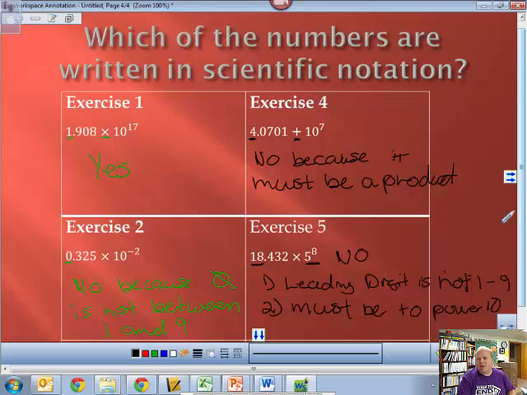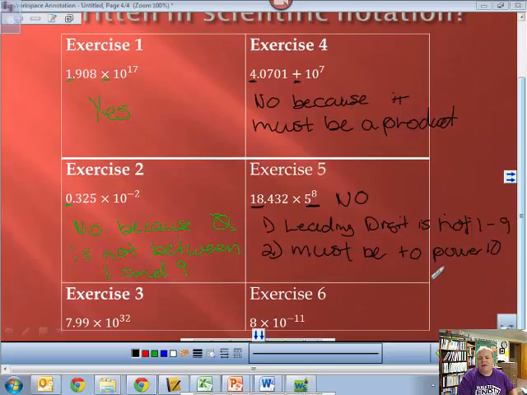I have 2 more. Let's look at these last 2 and see if we can figure these last 2 out. Well, is 3? Yep. 3 is. Why is 3? Well, if we look, my leading digit here is between 1 and 9. It's written to a power of 10. Let's look at 6. 6 has an 8 as a leading digit.